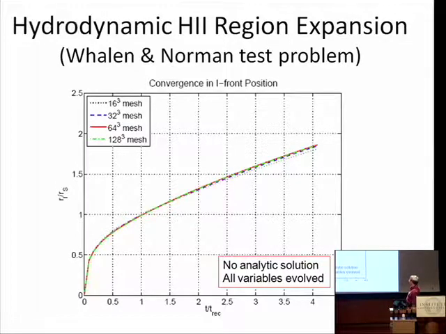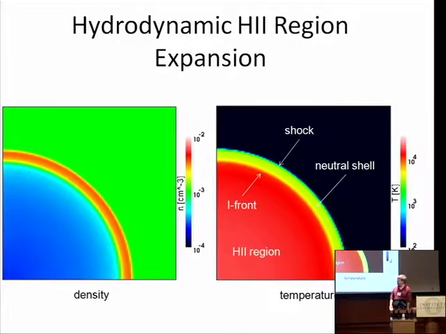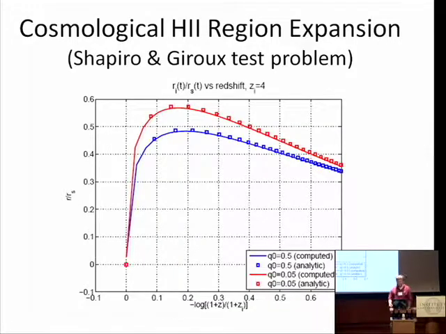All the variables are involved here, and you see that, again, we get incredibly fast convergence to the solution. There's what it looks like on the mesh. There's the density field, here's the temperature field, and you can see very nice, sharp interfaces in spherical shape.